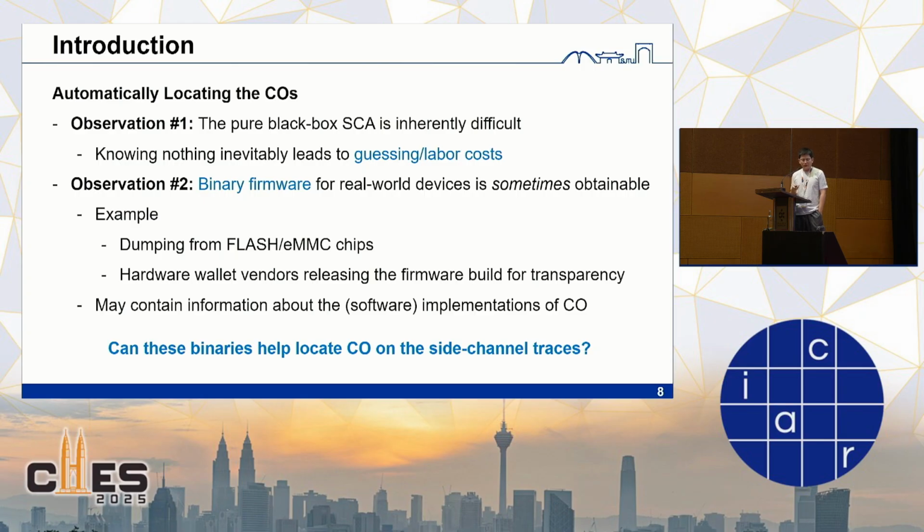And those binary firmware may not contain the secret key, but they may contain the software implementation of the algorithm. So we propose a question: can we use this information from binaries to accelerate locating the COs in the side channel traces? Because if it's software implemented and you have the binary, you have almost every detail about this implementation.